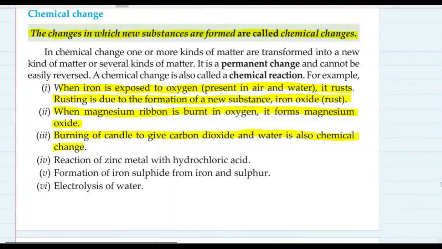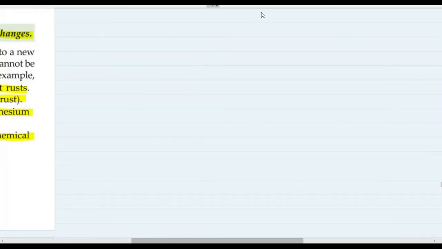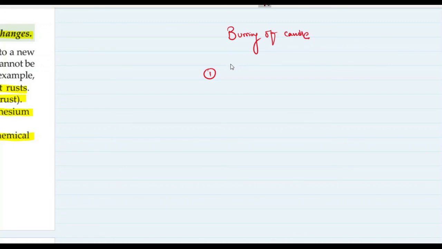Burning of candle to give carbon dioxide and water is also a chemical change. Now there is a debate: is burning of candle a physical change or a chemical change? Let's talk about this change. So two things seem to happen in burning of candle.